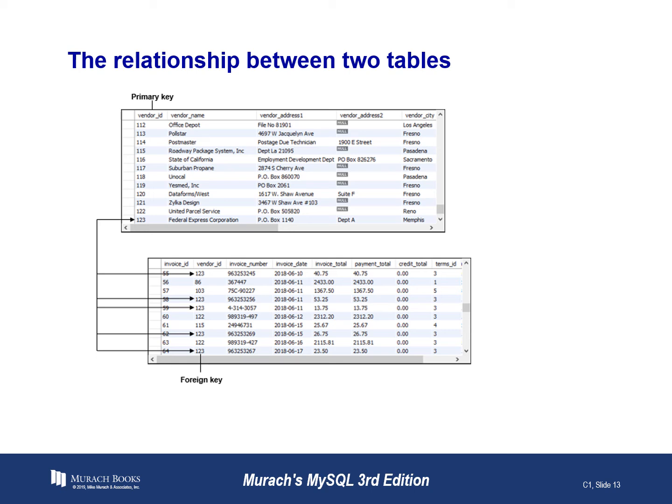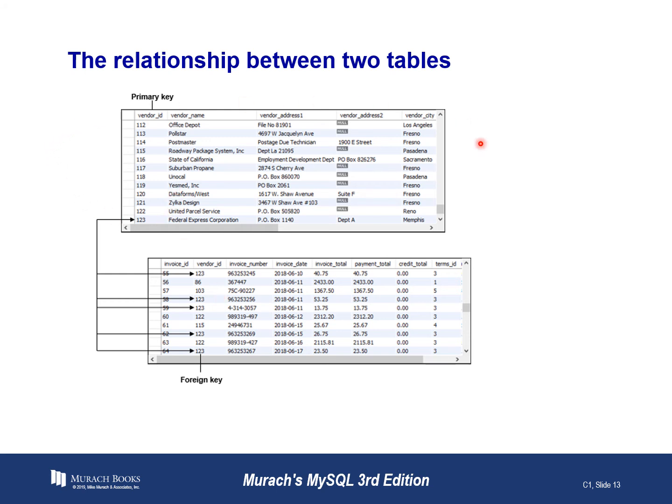In this figure, if you take a look, on the top we have the vendors table, and in the bottom we have the invoices table. In the vendors table there is a column called vendor ID, and in the invoices table there is a second column called vendor ID as well.